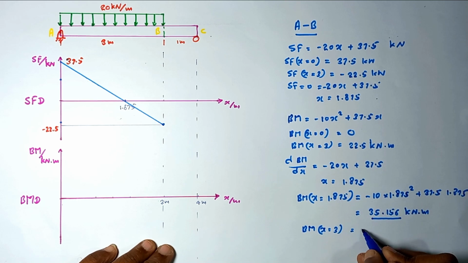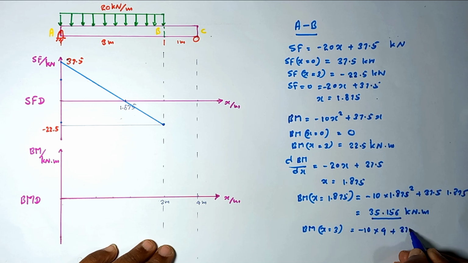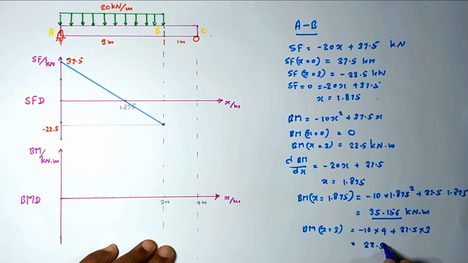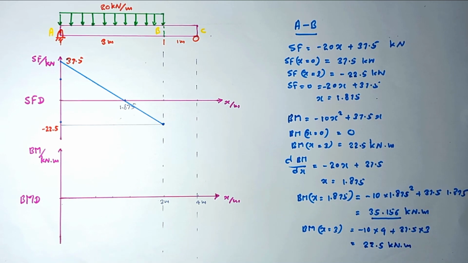The minus 10 into 9 plus 37.5 into 3, that value is equal 22.5 kilonewton meter moment is applied.